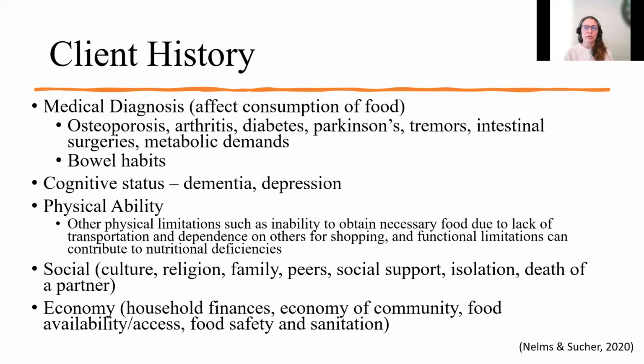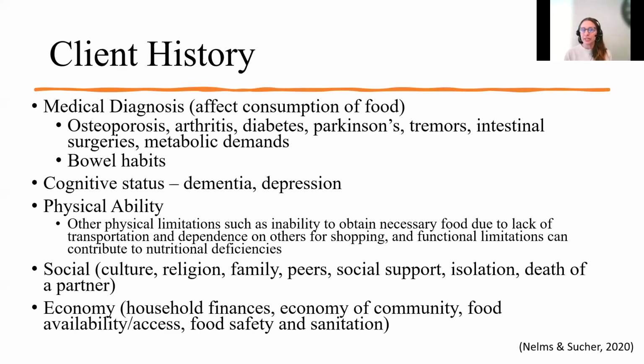And we'll look at it down lower under social, but isolation, social support, family members, the death of a partner. We think of these as part of geriatrics, but also using that lens of nutrition, these all impact the day-to-day food intake. We need to eat many times a day, and so anything that's happening on a daily basis is often impacting our nutrition intake.